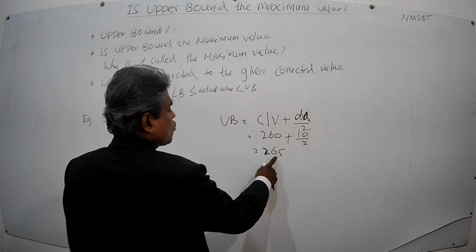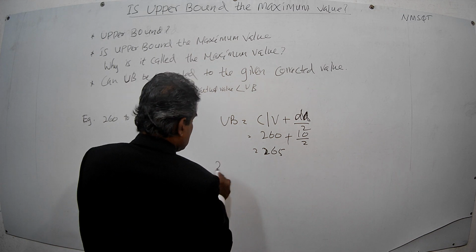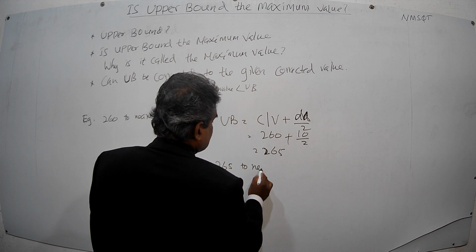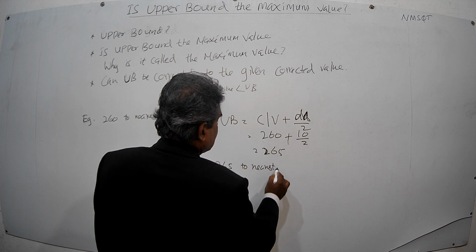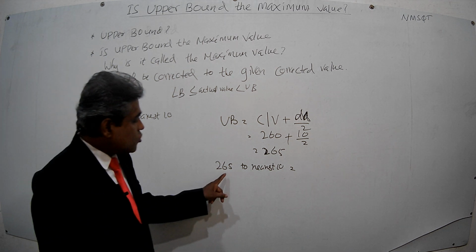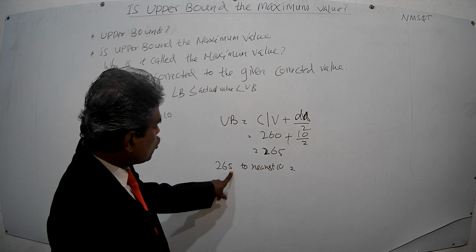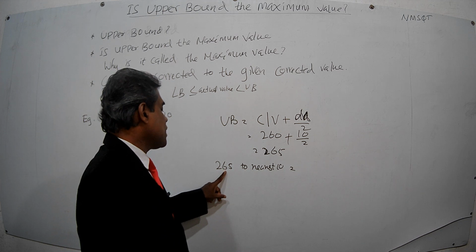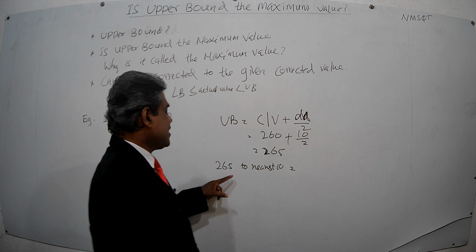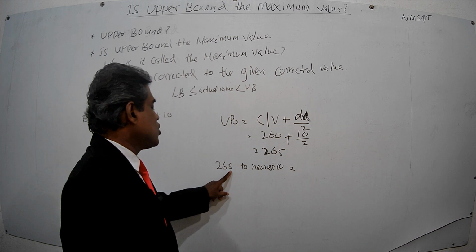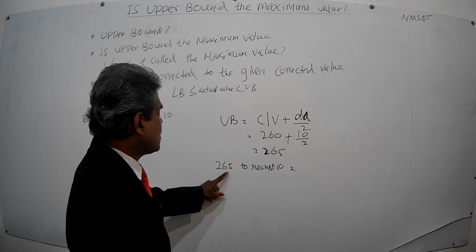Then we will round this to nearest 10. 265 to nearest 10, you go to the tens place. Here are units, tens, and this is the hundreds. The digit in the tens place is 6. Then look at the digit in the units place, the place just below the place of the degree of accuracy, that is 5.